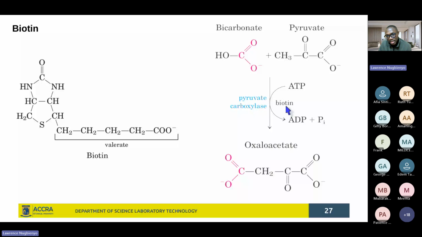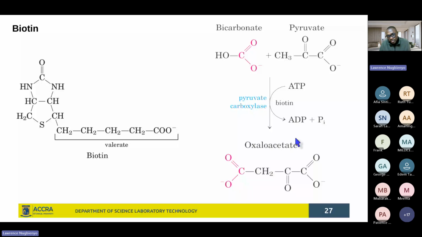And what do you see? That carboxyl group attached on pyruvate. So here, if you look at the structure of pyruvate, you have a CH3. But now you have CH2, so one hydrogen is gone, and in place of it you have the carboxyl group attached onto it, and now you have oxaloacetate.